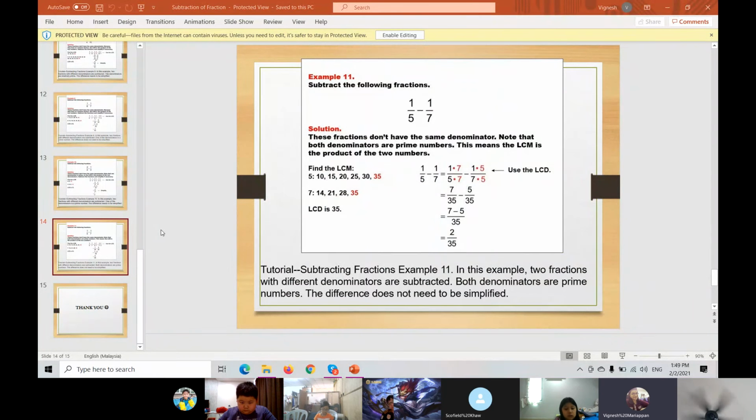How to do it? Start from the denominator. You have to make the denominator equal, right? Yes, teacher. Okay, now what are you supposed to do? Cross multiply, correct? Yes, teacher. 5 multiply 4.